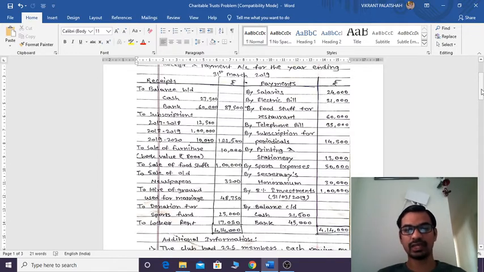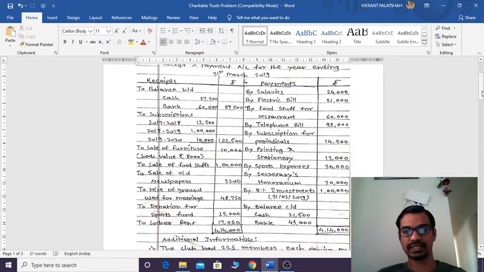Now the payment side, what is given there? By salaries 24,000, by electric bill 21,000, by foodstuff for restaurant 60,000, by telephone bill 35,000, by subscription for periodicals 14,500, by printing and stationery 13,000, by sports expenses 50,000, by secretary's honorarium 30,000, and by 8% investment 1 lakh, that is purchased on 31st of March 2019.